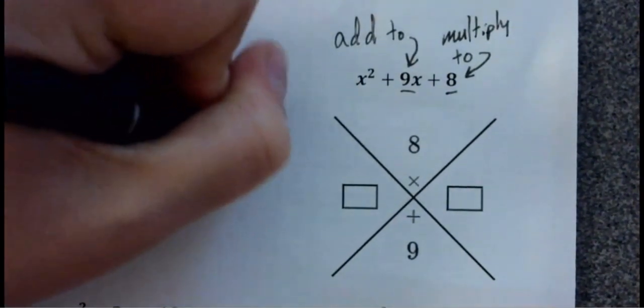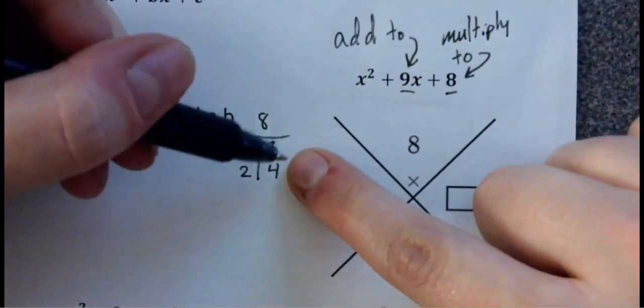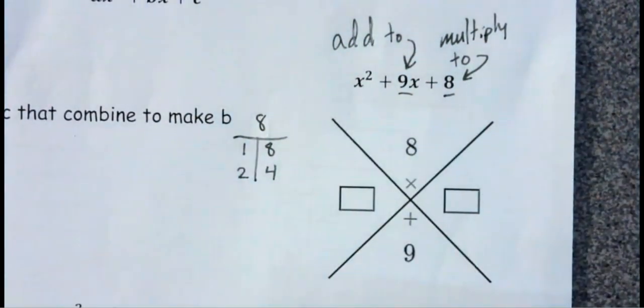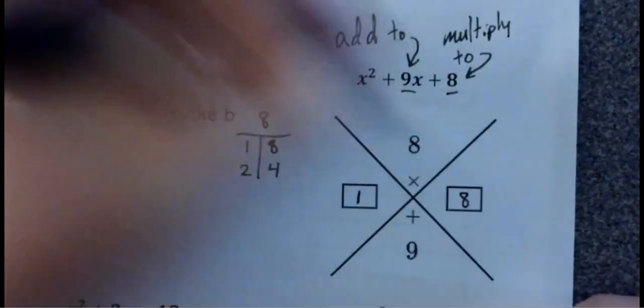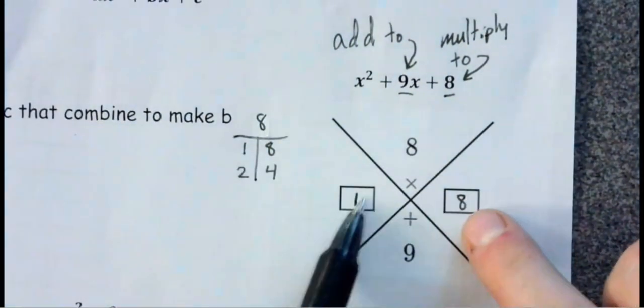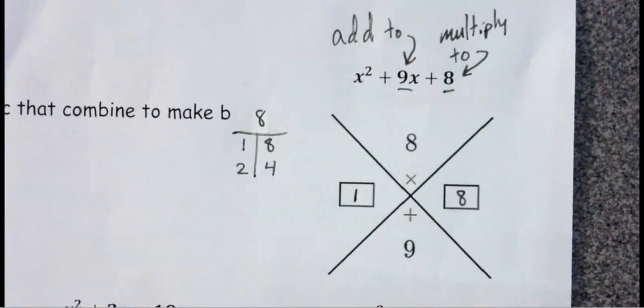So 1 times 8 is 8, 2 times 4 is 8. Then you take those two factors and add them together to figure out which one adds up to 9. 2 plus 4 is 6, so that would not add to 9, but 8 plus 1 is 9. So these are two numbers that multiply to 8 and add to 9. Pretty simple, and that's what the X game is.